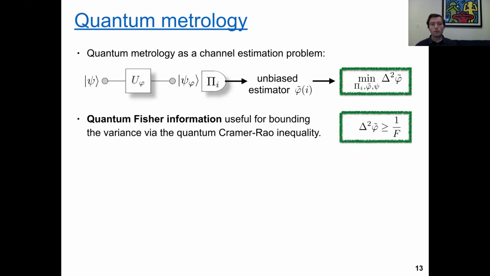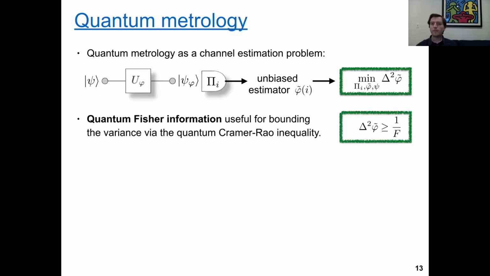What turns out to be very useful for this channel estimation problem is the notion of quantum Fisher information. Quantum Fisher information is useful for bounding the variance of this unbiased estimator via the quantum Cramér-Rao inequality.